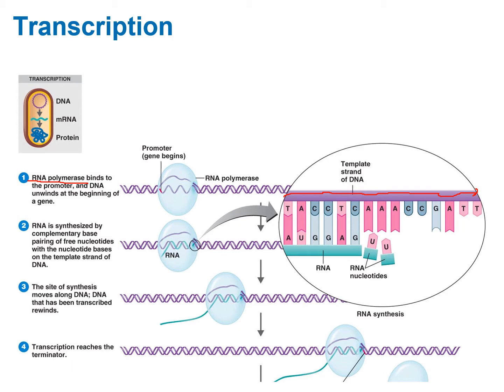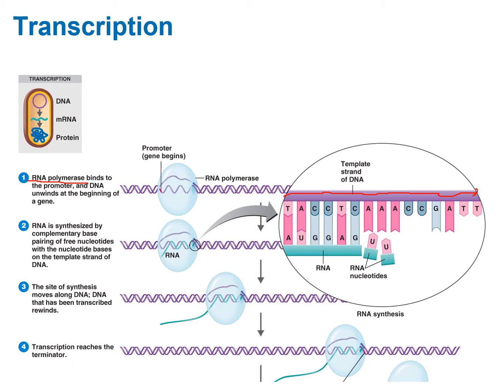So where the enzyme sees an A, it's going to insert a U, because remember, uracil is the partner to adenine in RNA. There's no thymine. So wherever A is seen, it adds a U. Wherever the enzyme sees a C, it adds a G, and vice versa.